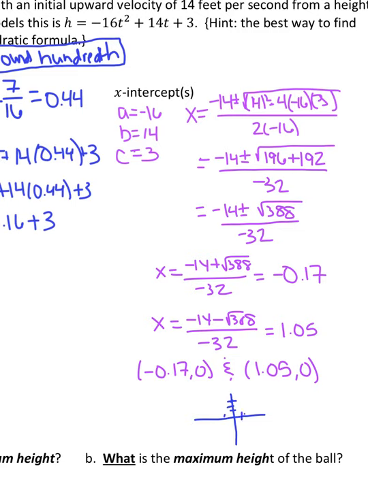So this graph goes something like that. Just a little sketch. This value over here has no bearing on this word problem because it's the other half of the parabola that doesn't make sense. But we're starting here at 3. And so from 3, we're going to go up and then back down.